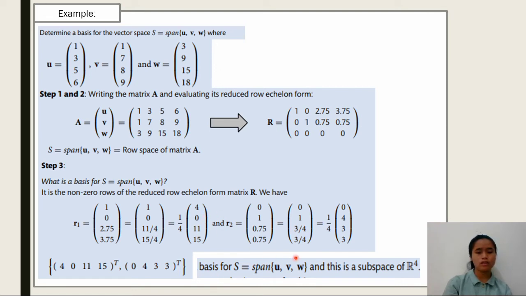This is a basis for S, and it is also a basis of R4. So the dimension from the matrix is 4.